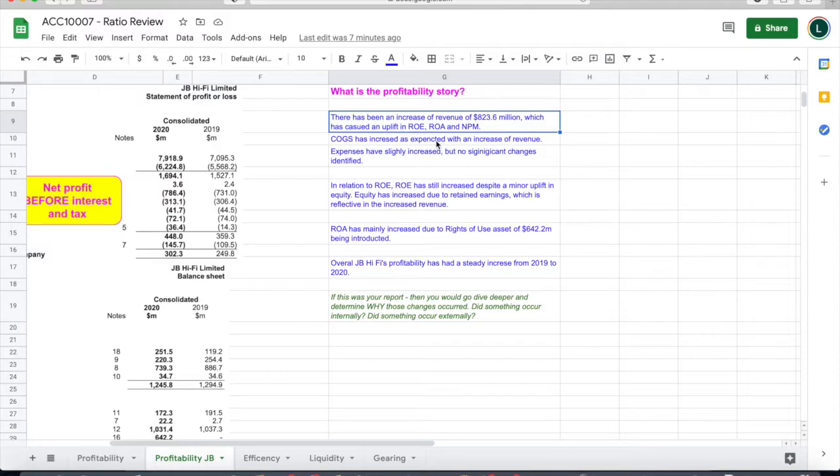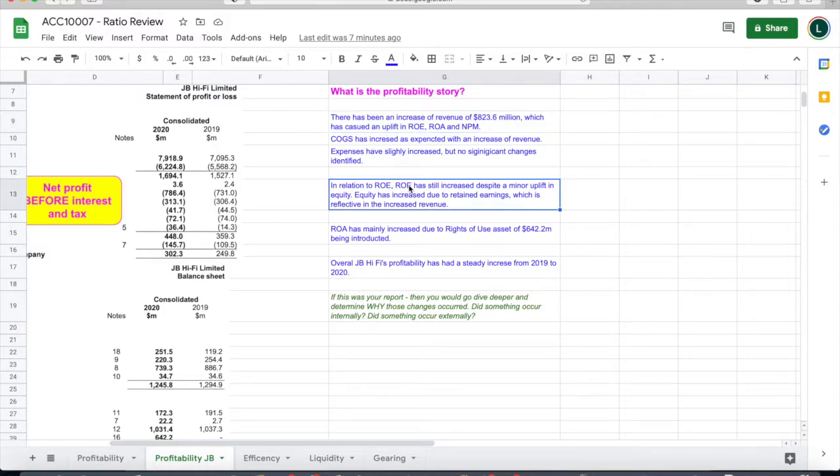Sorry about my spelling error there. Expenses have slightly increased, but no significant changes identified. Why I'm saying no significant changes is there's been nothing too drastic that we can really discuss about there. You'd expect with more revenue, the increase in expenses is expected.